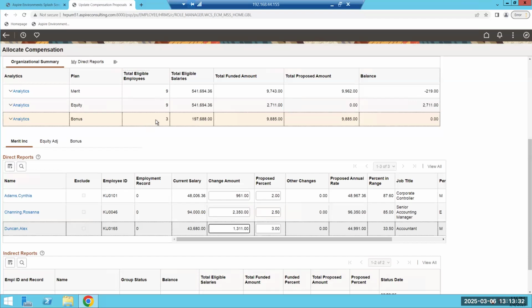We see the eligible employees, we see the eligible salaries, the total funded amount, which is the amount that was calculated, in the case of merit, based on the merit matrix, utilizing the person's performance rating and their position in range or percent range.